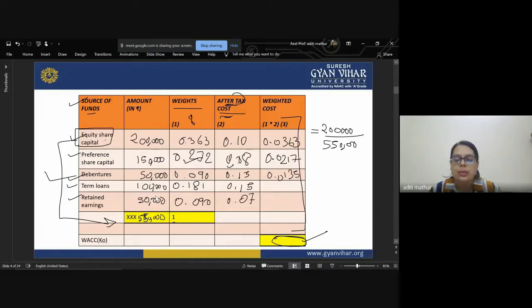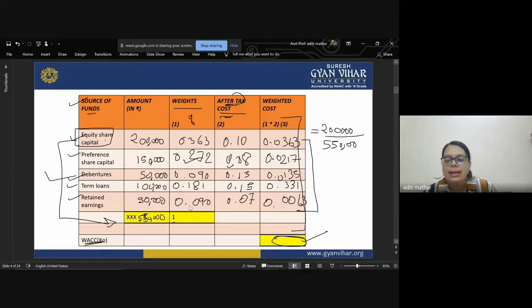For the term loans, it is 0.181 into 0.15. It is 0.331. For the retained earning, it's 0.07 into 0.090, which is 0.0063. Now we will add all these weighted costs to get the total cost of capital, that is KO.